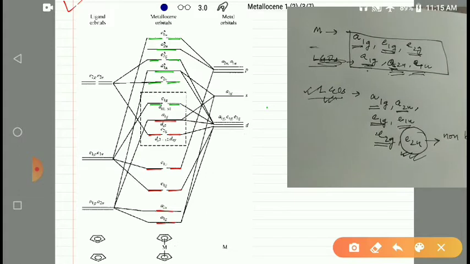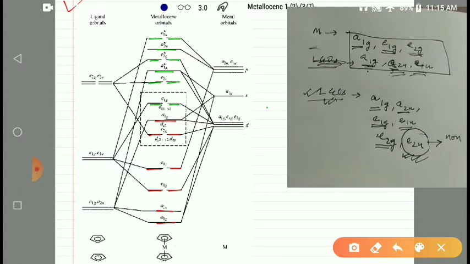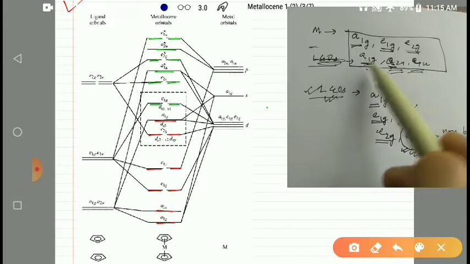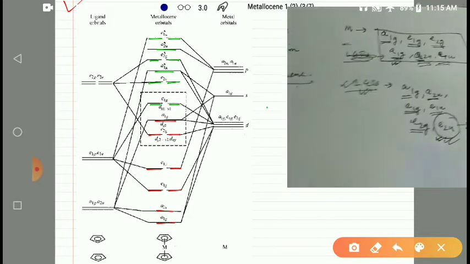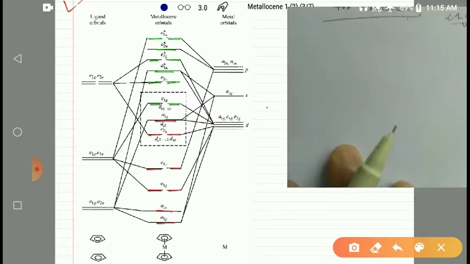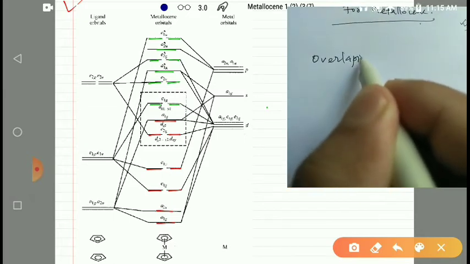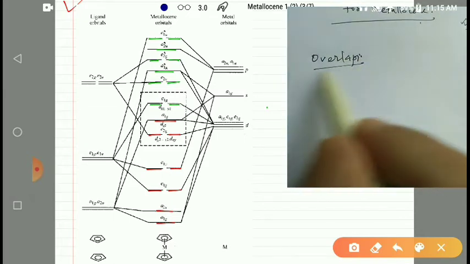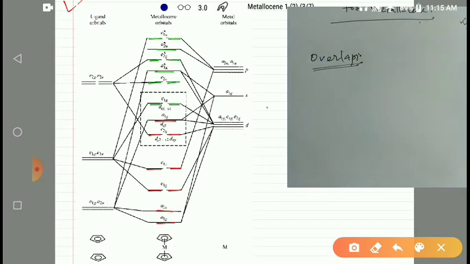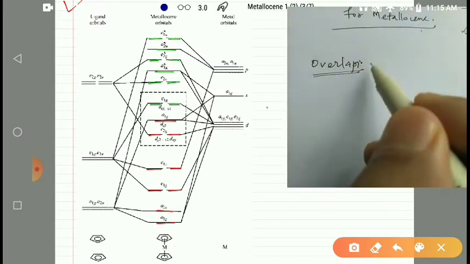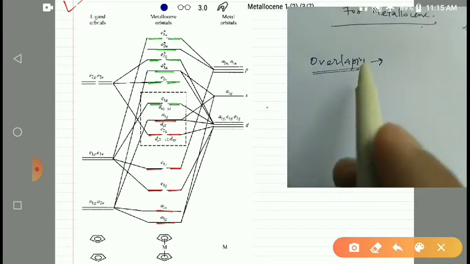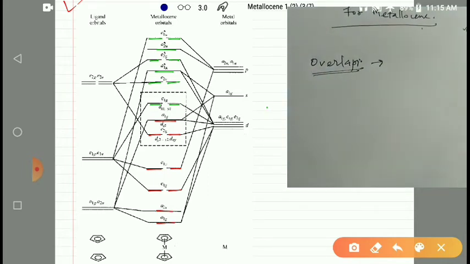Okay, so coming to the concept of overlapping, we already know it. Overlapping will give you the bonds, no? So to form bonds, the atomic orbitals must overlap.